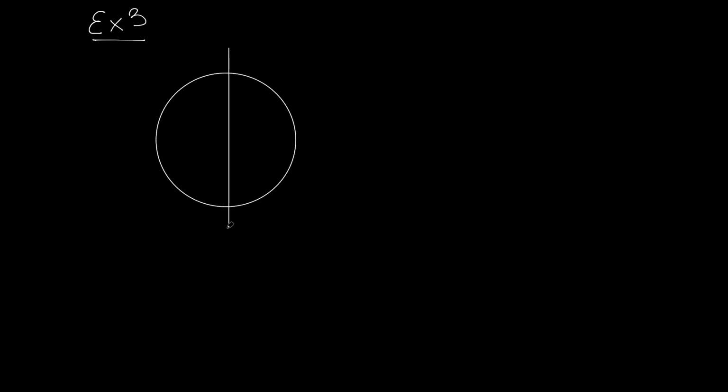Alright, in this example, it's going to appear different, but in reality, it's exactly the same. So we have our circle once again, but instead this time we're not going to have axes.